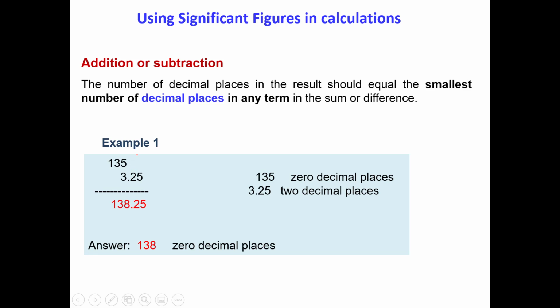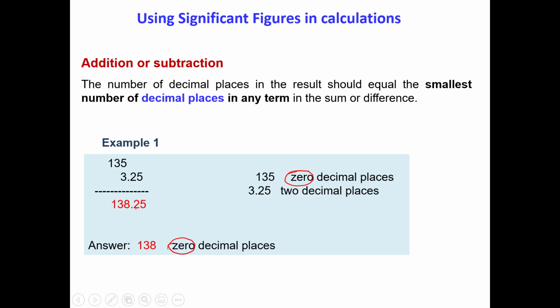And it has no decimal places. How many decimal places do we have in this case? 2 decimal places. And if we add these two numbers together, we know the answer must have the smallest number of decimal places in any of the terms, which in this case will be 0. And this is why we need 0 decimal places here.